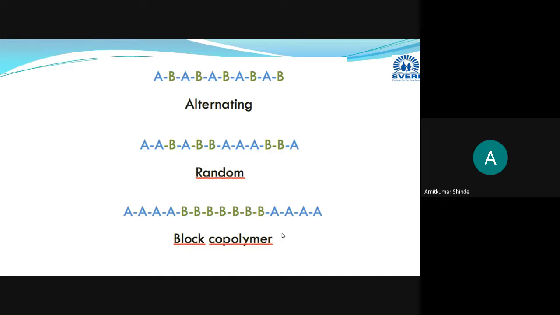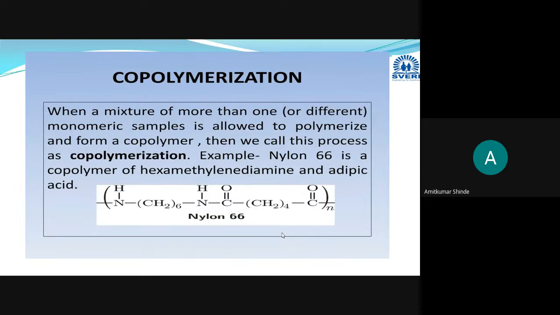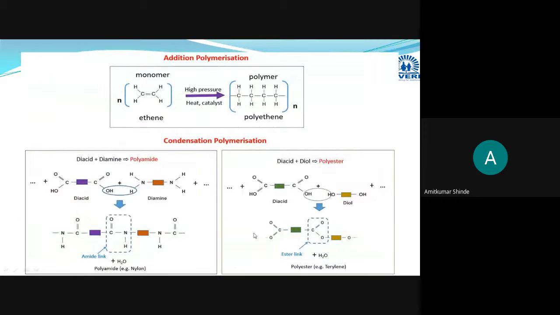One compulsory question will be there. You have to write the examples with these reactions. For copolymerization, you have to write these examples. You have to write the chemical formula and the structure, also this process. One example you have to remember here. In this way, this polymerization process is completed.